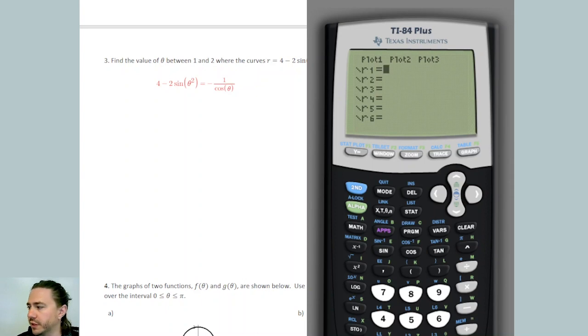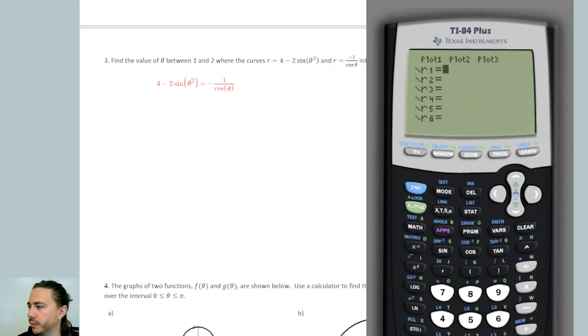What I want to do is type the first one into R1 and the second one into R2. So 4 minus 2 sine theta squared.